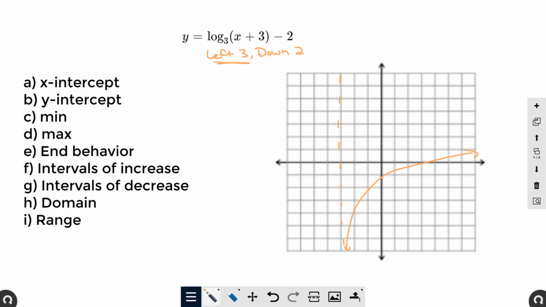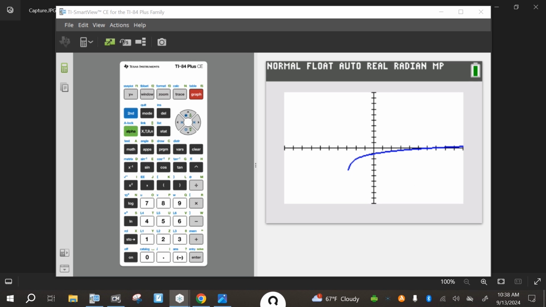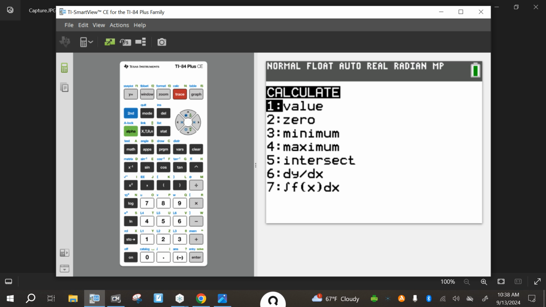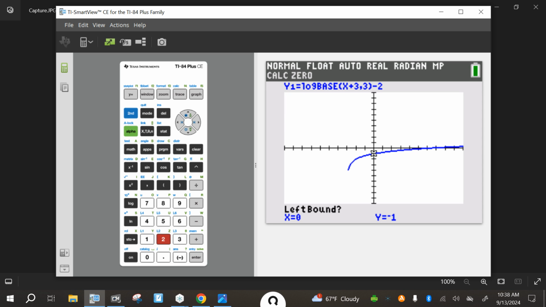So the first thing we want to find is our x-intercept. I would just go back to the graph. Where does it look like it crosses at? Maybe 5? Okay, let's check it out. 5 or 6? So let's go second trace and option 2.